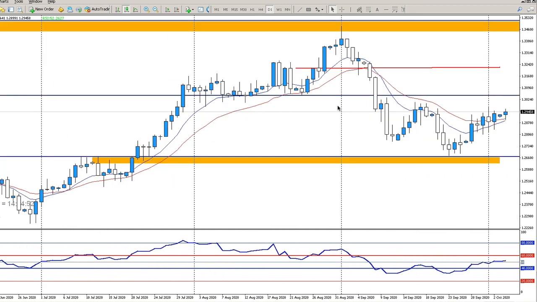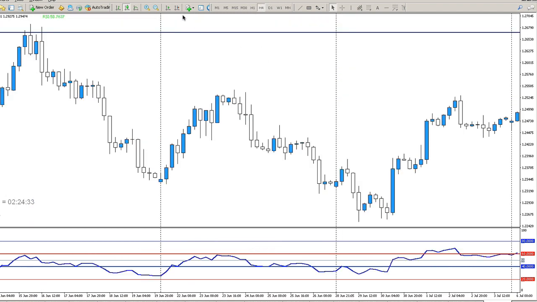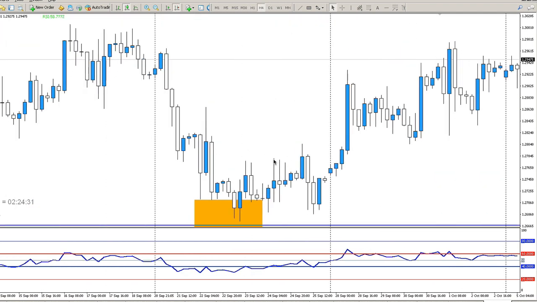Here we have the reaction from the weekly order block on the daily. The best way to get into this move would have been waiting for it to touch the line, which is the weekly order block, then dropping down into lower time frames to get a clearer picture of what's going on.